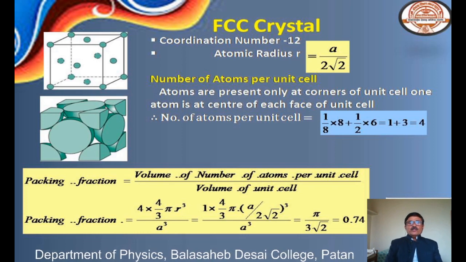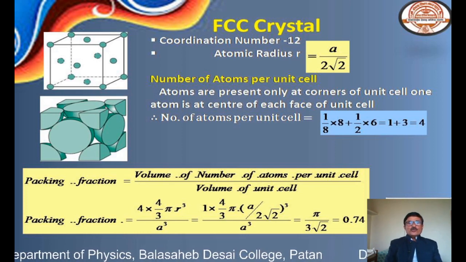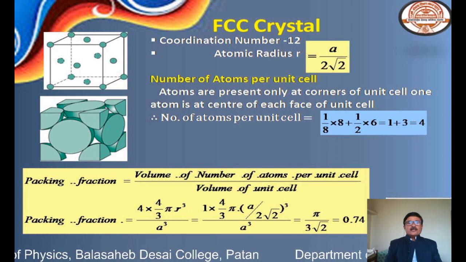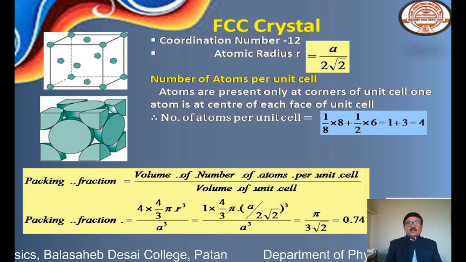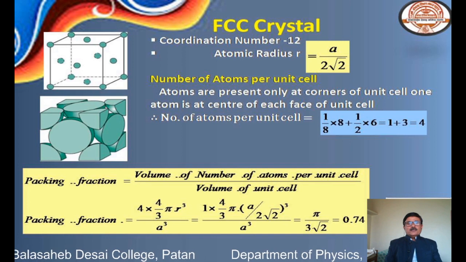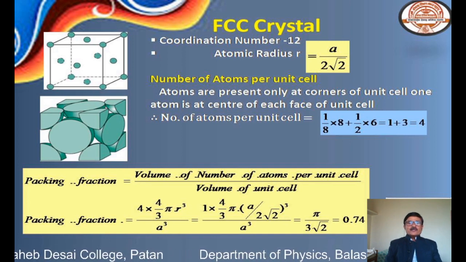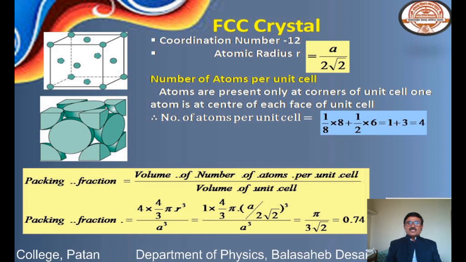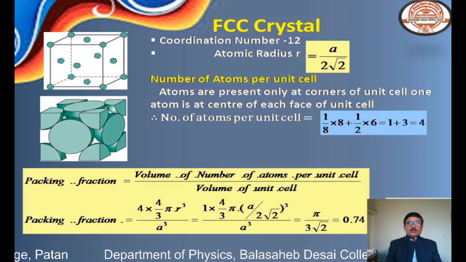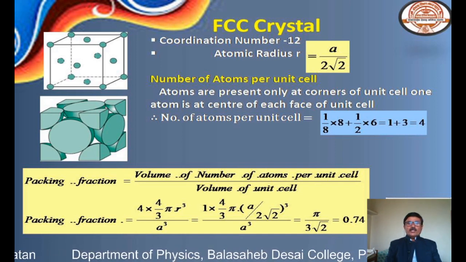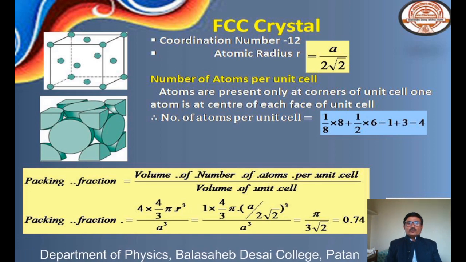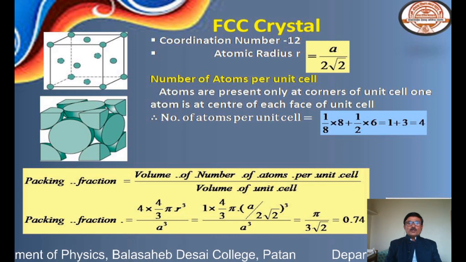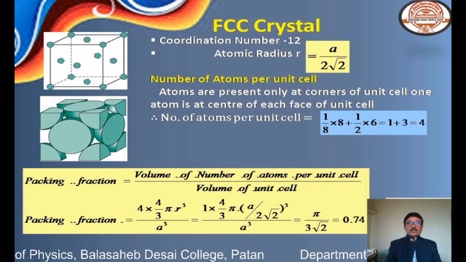The number of atoms per unit cell will be, the contribution from the corner atom will be 1, and each face center atom is common to 2 faces, and therefore contribution to single face of the face centered atom is 1/2, and as there are 6 faces, the total number of atoms per unit cell will be 1 by 8 into 8 plus 1 by 2 into 6 is equal to 1 plus 3 is equal to 4. There will be 4 atoms per unit cell in face centered cubic crystal.